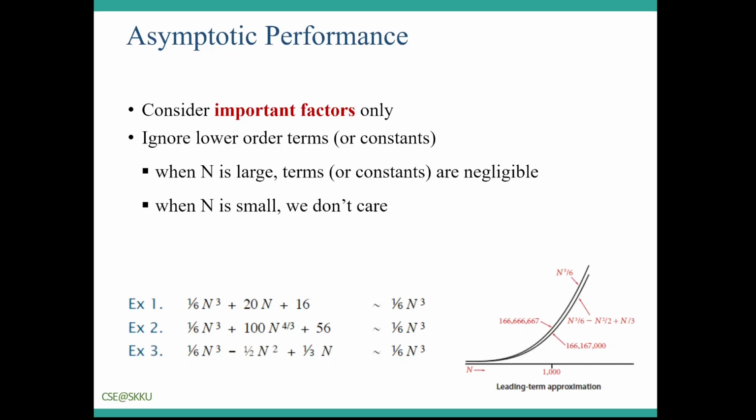This means that g(n) is a lower bound on the growth of f(n) for all n greater than or equal to n0. So from the point n0, g(n) is always less than or equal to the function f(n).